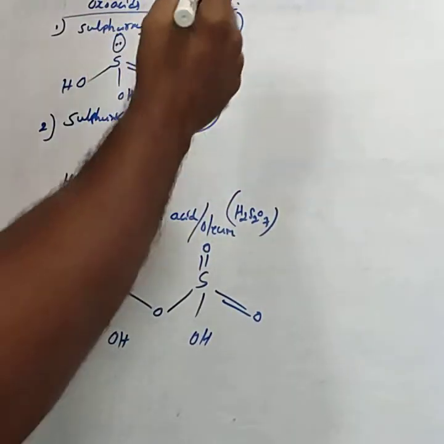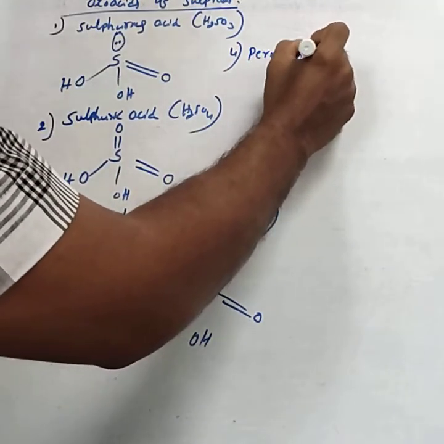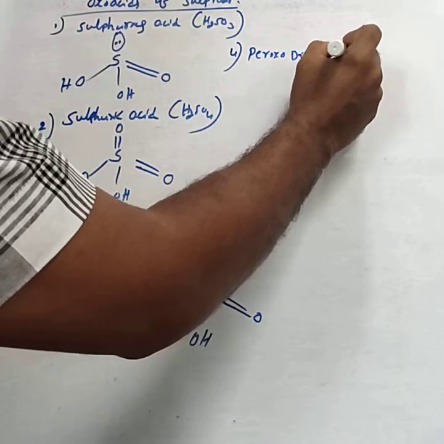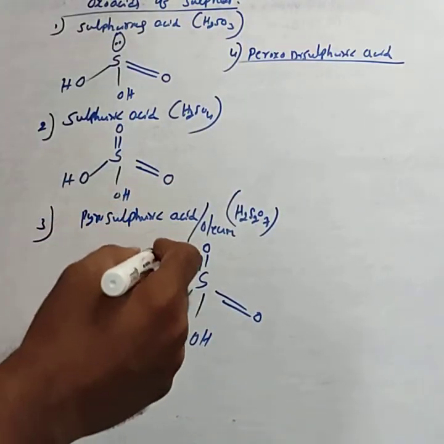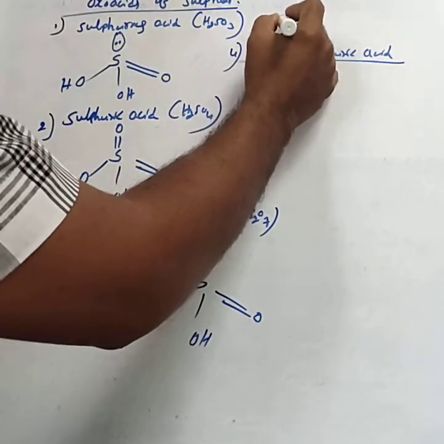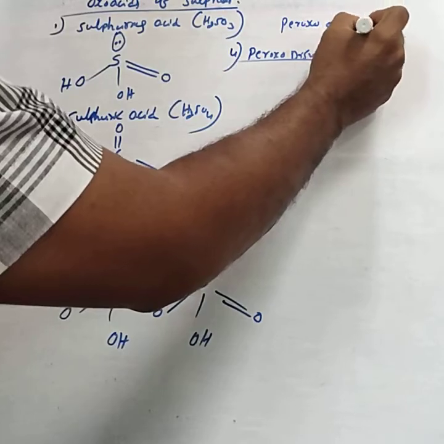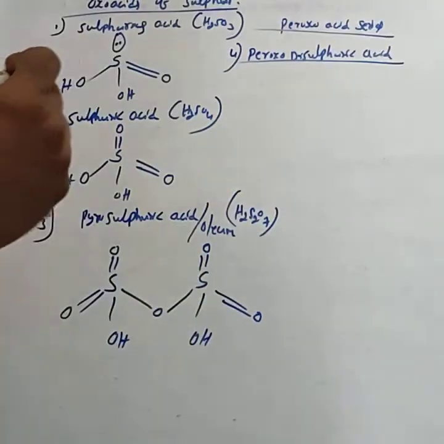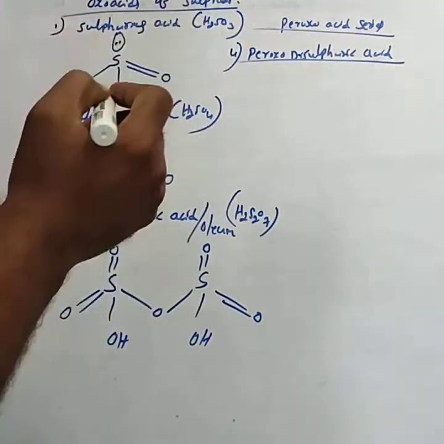Then next one, this is important for competitive exams, peroxo disulfuric acid. This comes under the peroxo acid series. They contain a peroxy linkage.